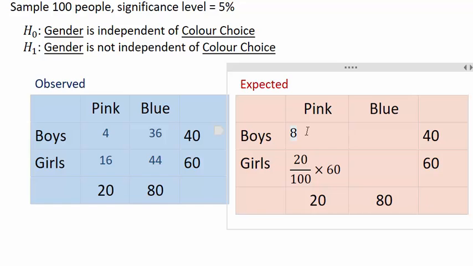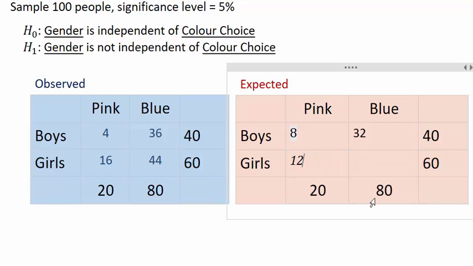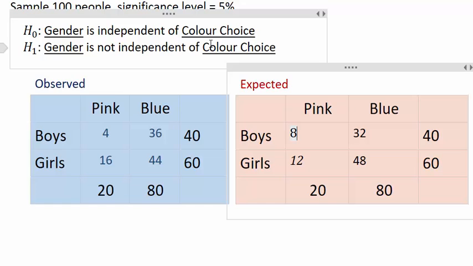I would expect 8 boys to prefer pink, and therefore 32 boys to prefer blue. Now 20% of the girls, I would also expect them to prefer pink. That's 12. I would expect 12 girls to prefer pink, and therefore 48 prefer blue. So I'm basing this on the assumption that the null hypothesis is correct.